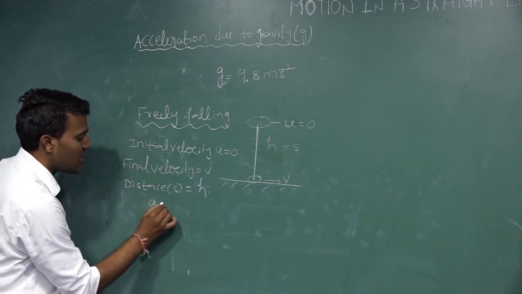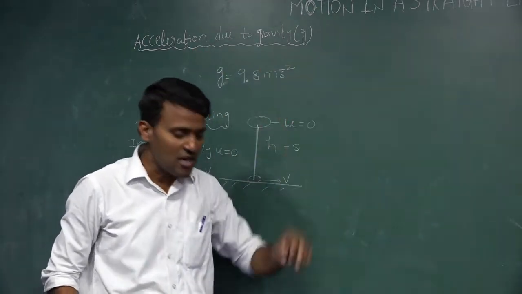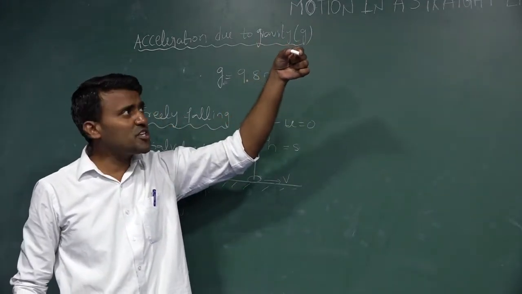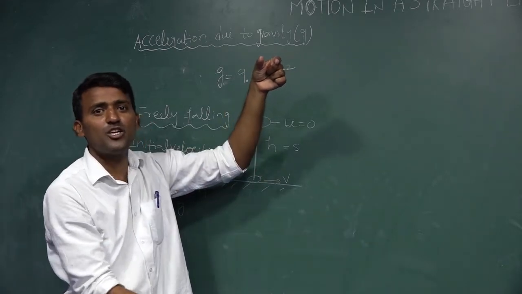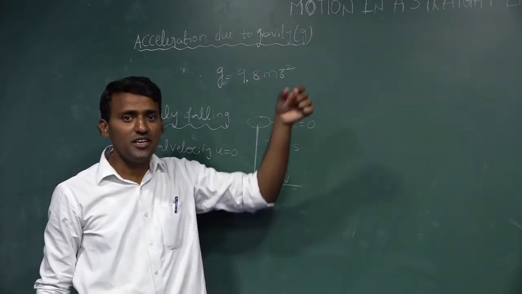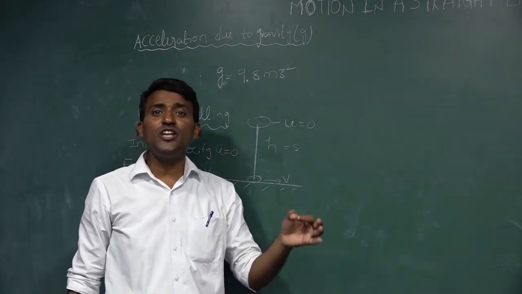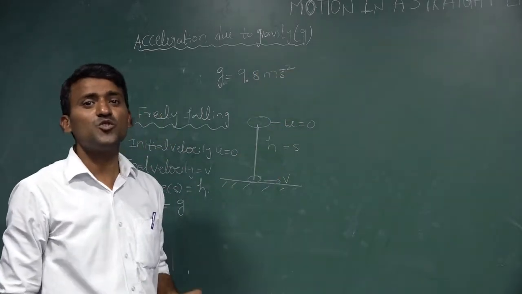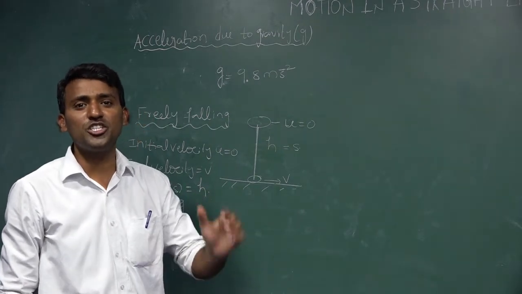And acceleration a is equal to g. I told you just now, I gave the definition. When an object is accelerating towards the center of the earth under the influence of the gravitational force, that acceleration we call acceleration due to gravity.